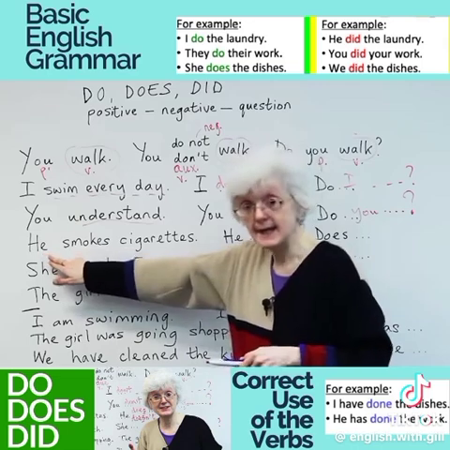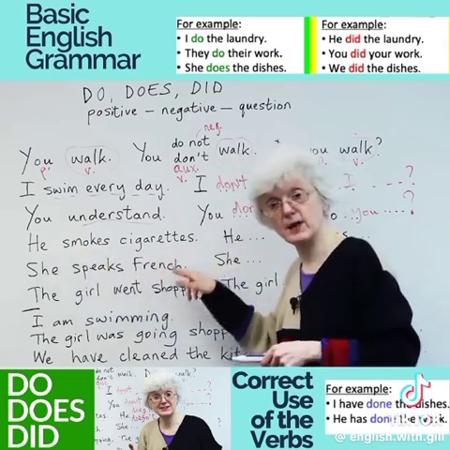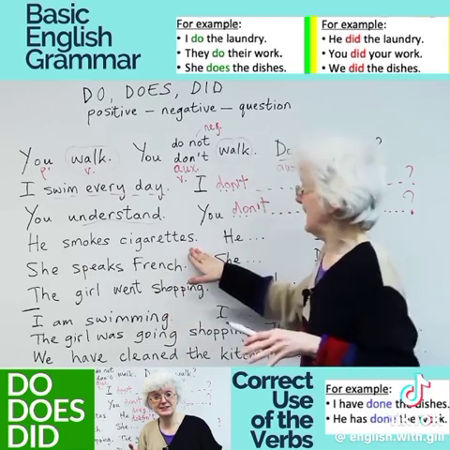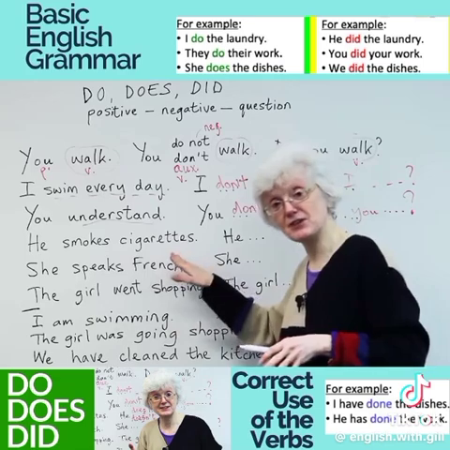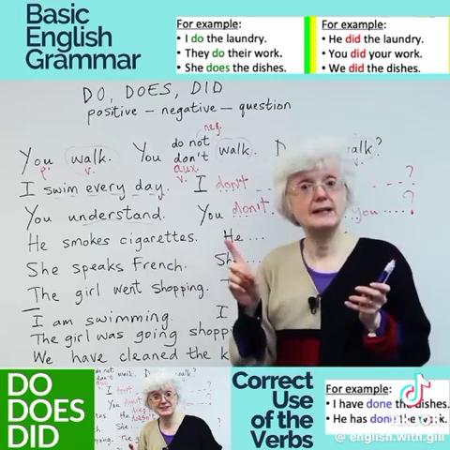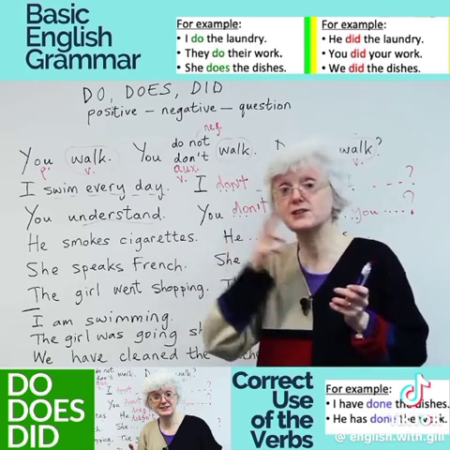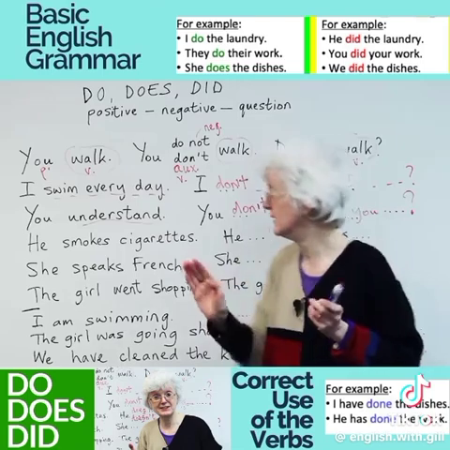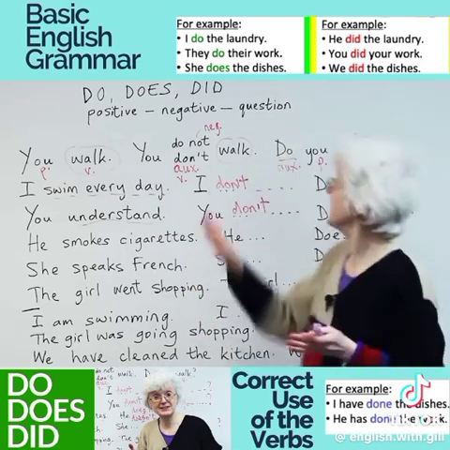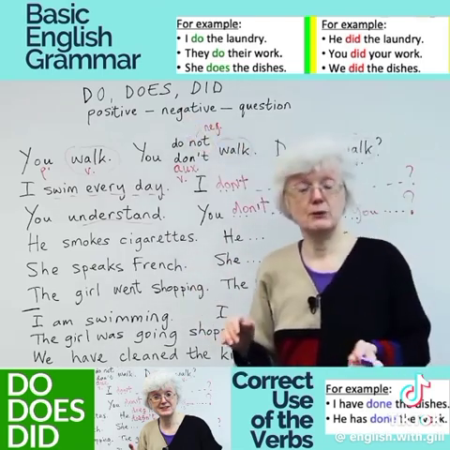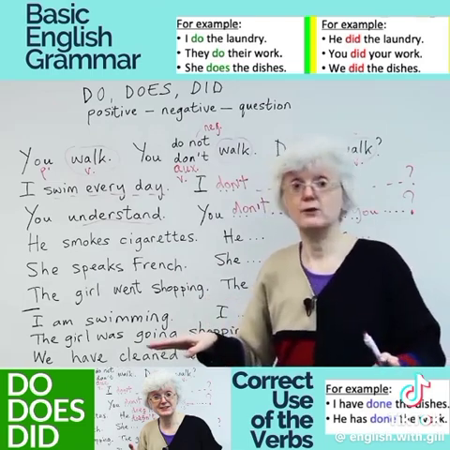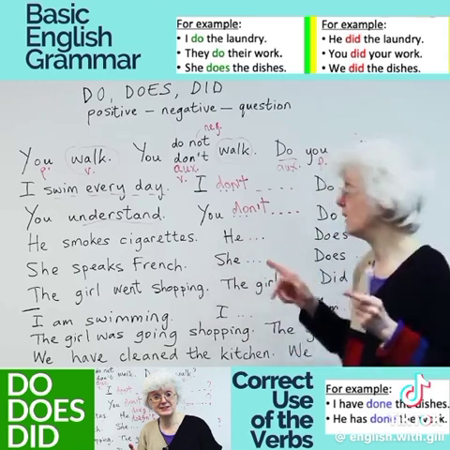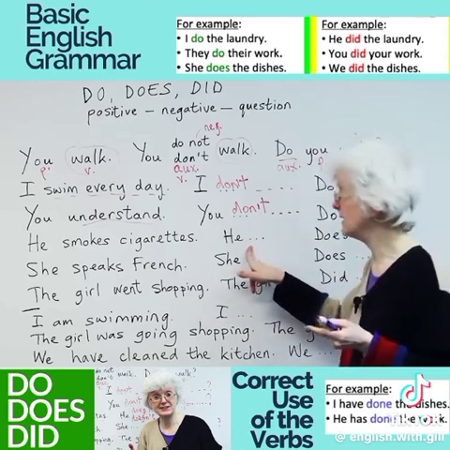Okay. He smokes cigarettes, very bad habit. He smokes cigarettes. Now, and then he gives up smoking. He quits smoking. He stops. Very sensible. So, it's now the negative situation. No more cigarettes. So now something funny happens here.